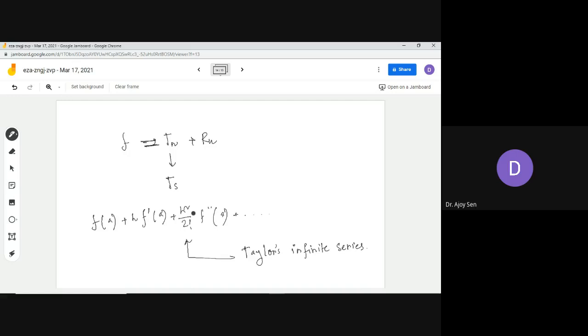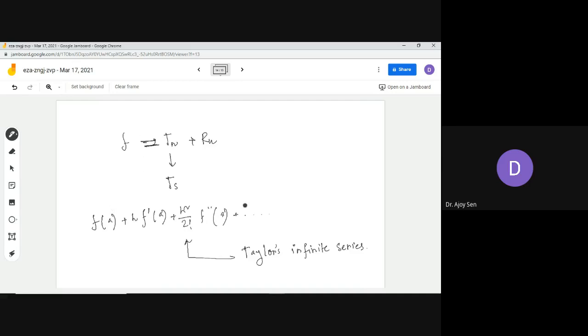This kind of weird situation can arise. This series is actually called the Taylor's infinite series. Even if this Taylor's infinite series converges, it may not be equal to the function itself. There is a kind of ambiguity.